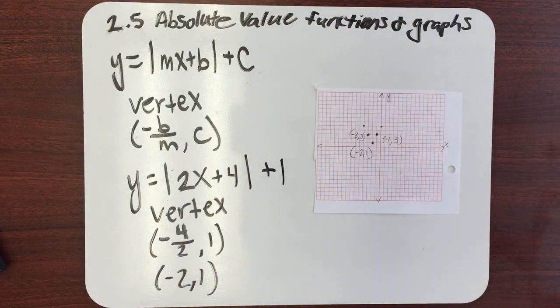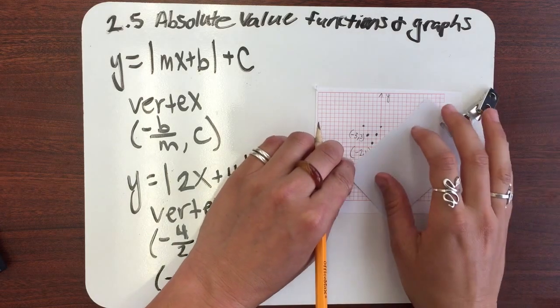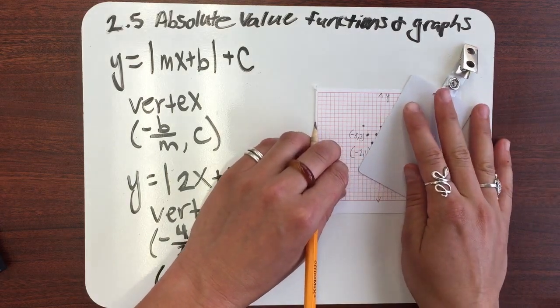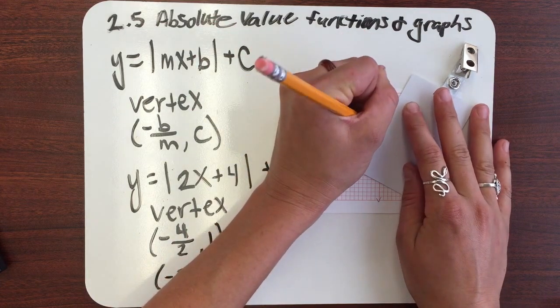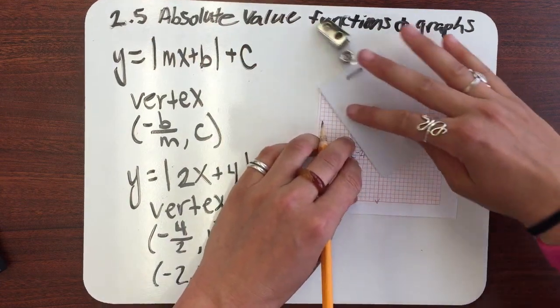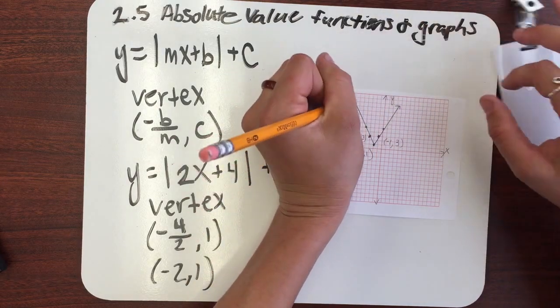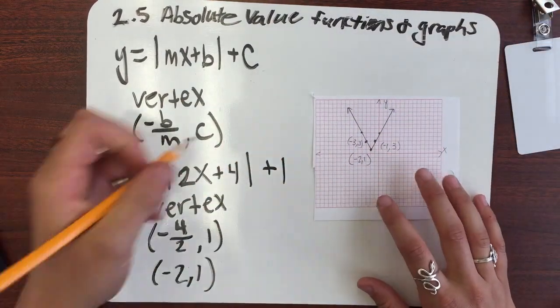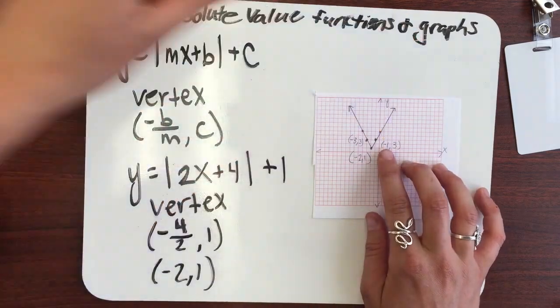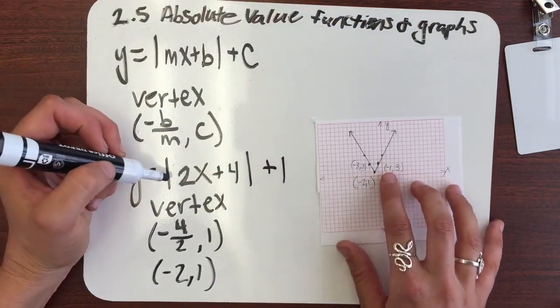And then from here, we can draw in our absolute value function, and we can also check our other points by plugging them in. So we can check our points by saying, okay, if we plugged in negative 1 here, let's check it.